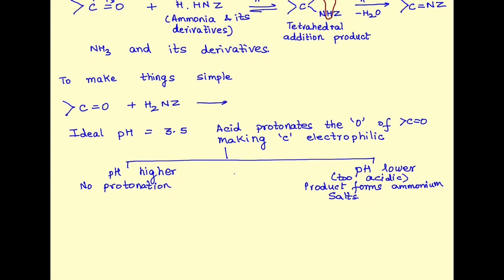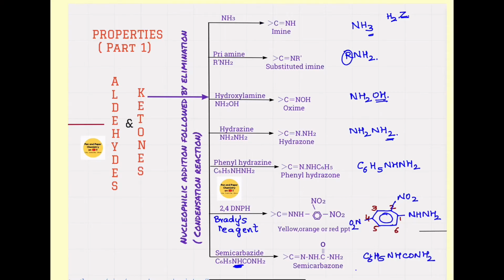Next step is simply remove a water molecule, and next step is C double bond NZ. Yeah, I think I forgot the nitrogen over there. Sorry for this. So we will have H2 and Z. Z is the remaining part.